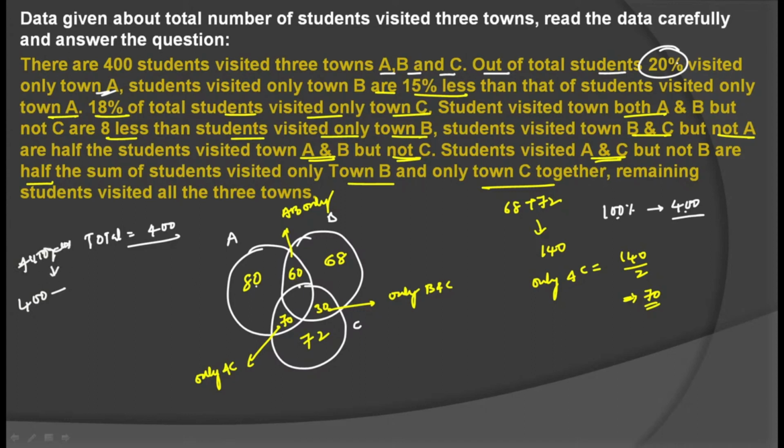So 80 plus 60 is equal to 140, plus 68 is 208, plus 100 is 308, plus 2 is equal to 310, 380 members. Now, what is the remaining value? That is the entire data. The remaining students who visited all three towns is exactly equal to 20.